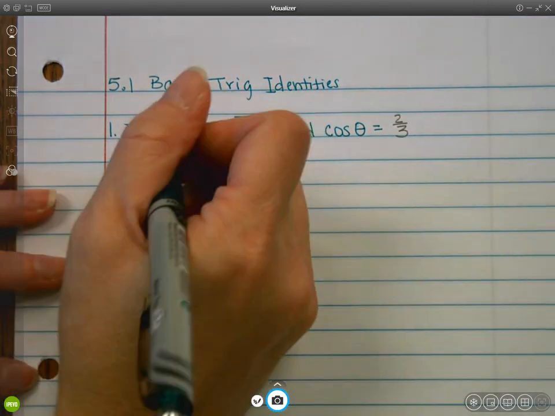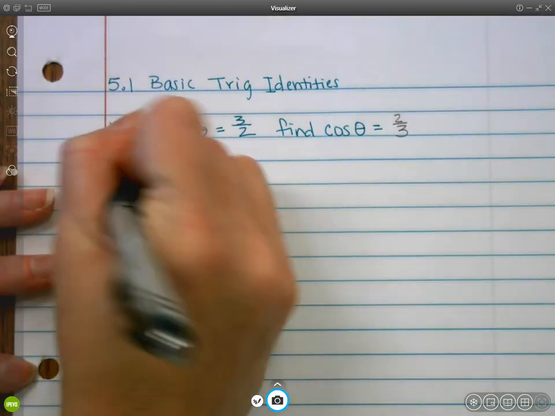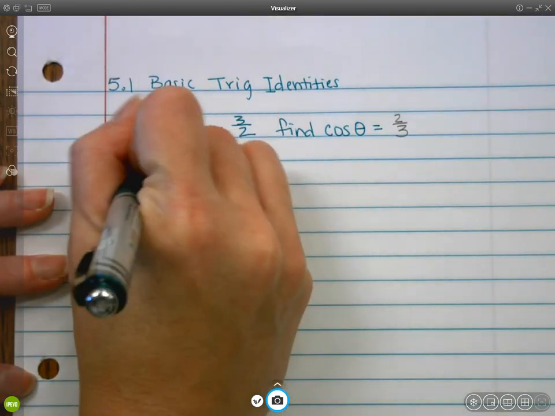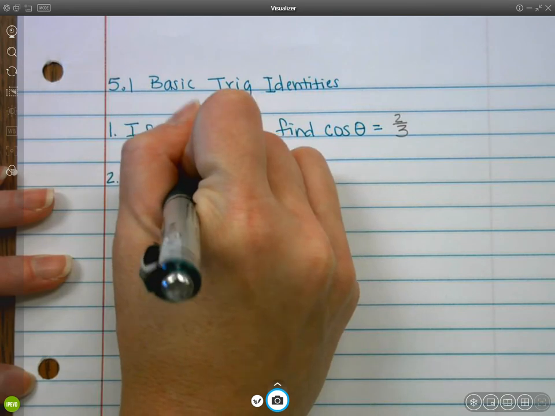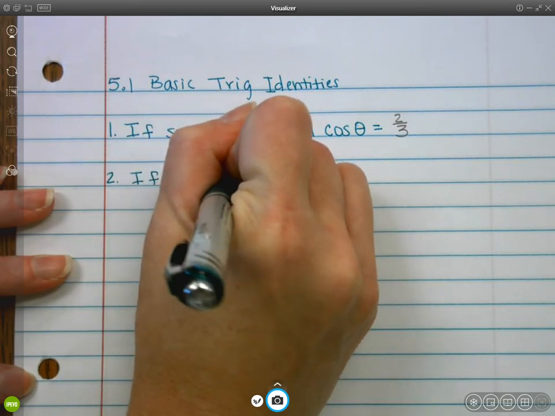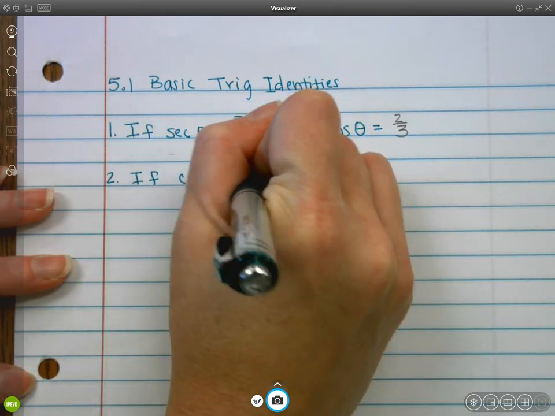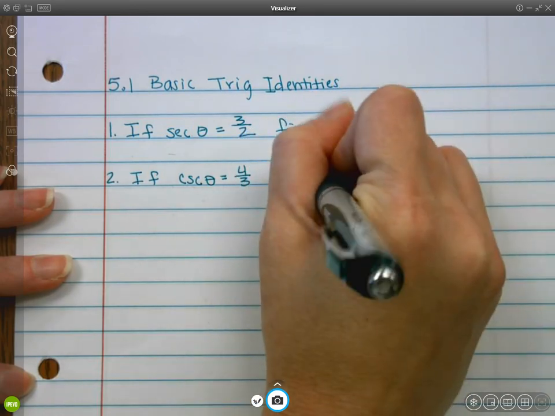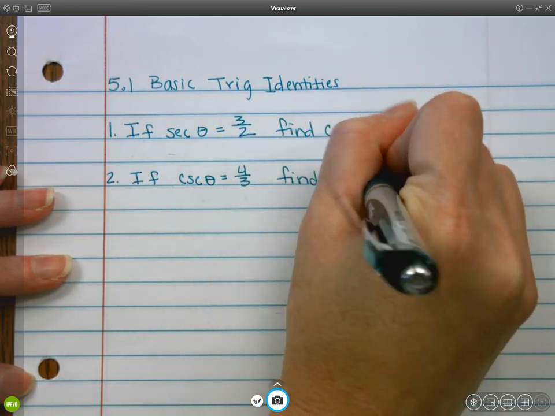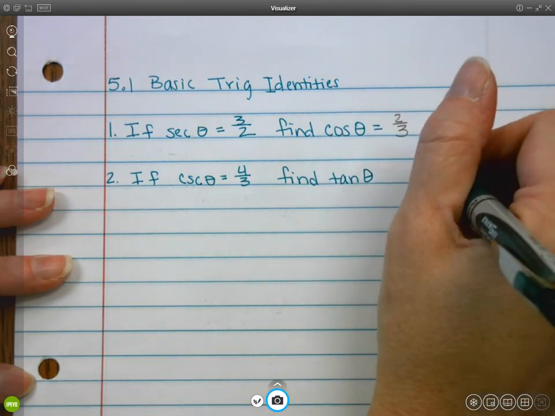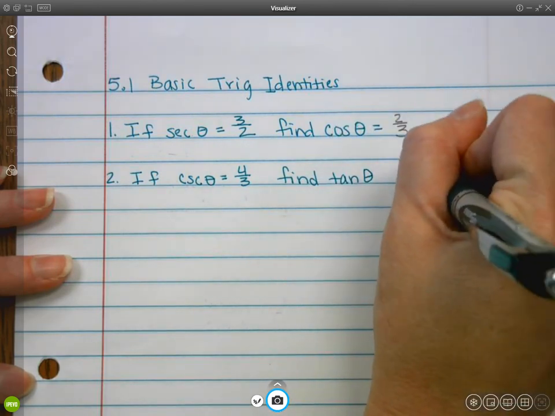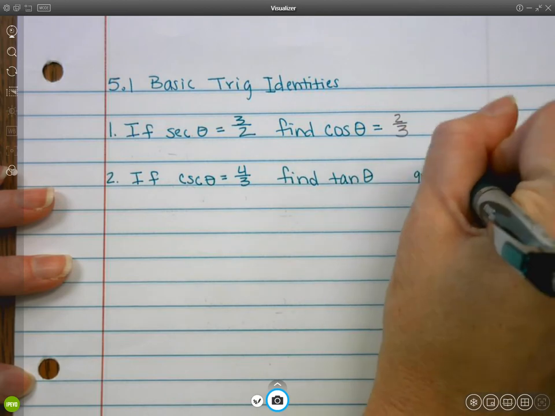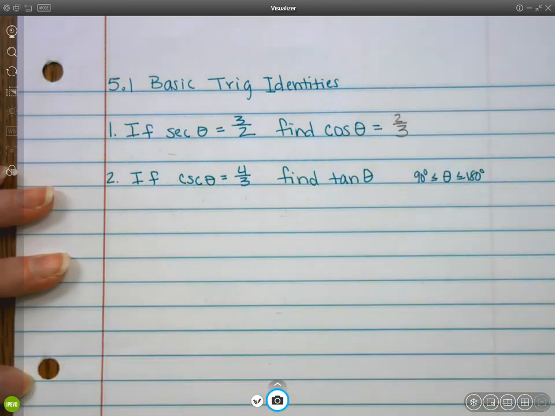So what if I'm not so friendly? What if I give you one where they're not reciprocals? So let's say cosecant is 4/3. I want you to find tangent, and I'm going to tell you that theta is between 90 and 180.